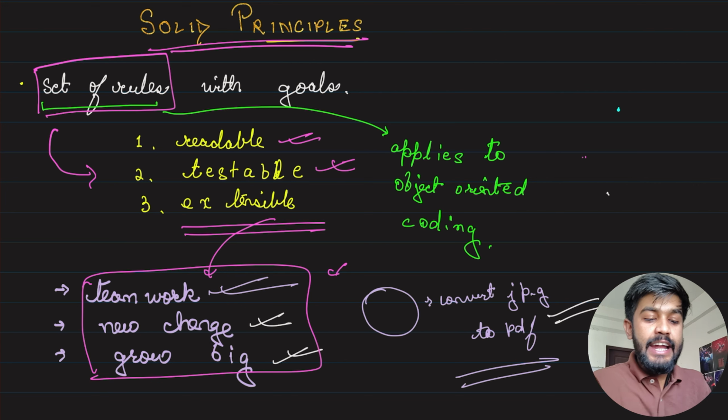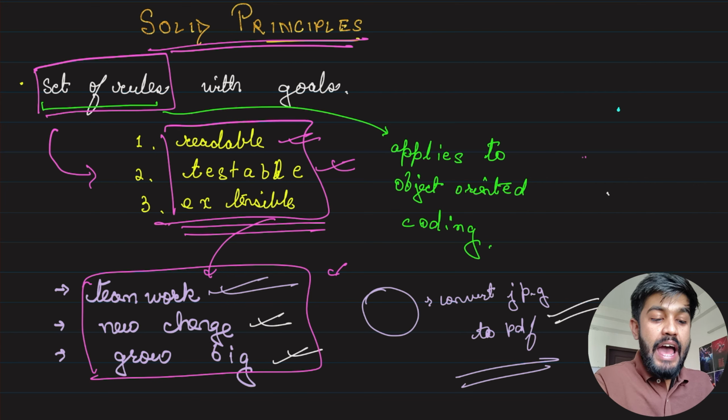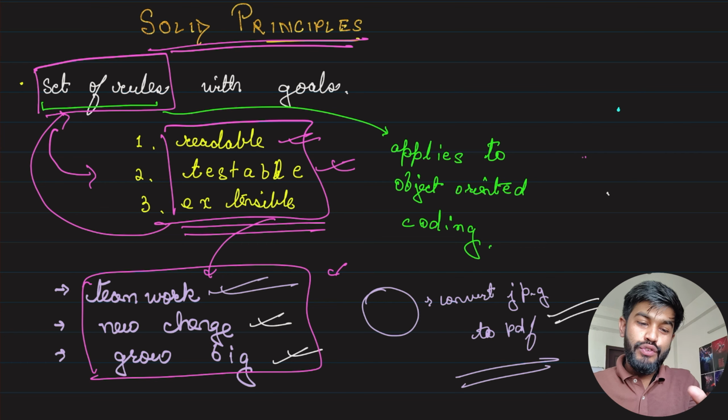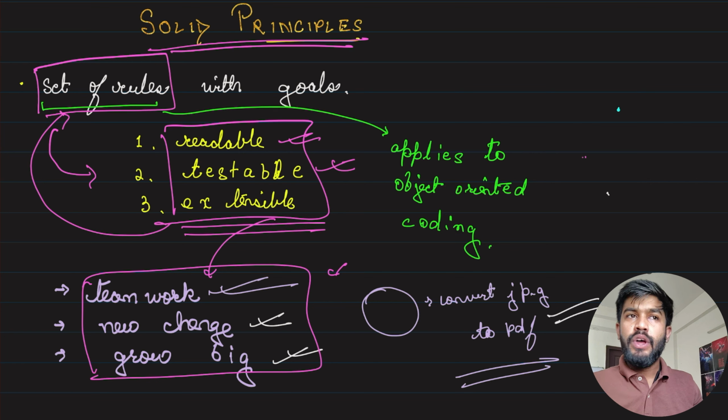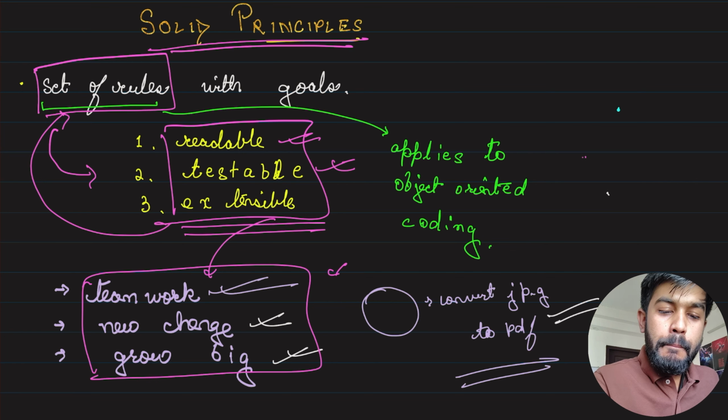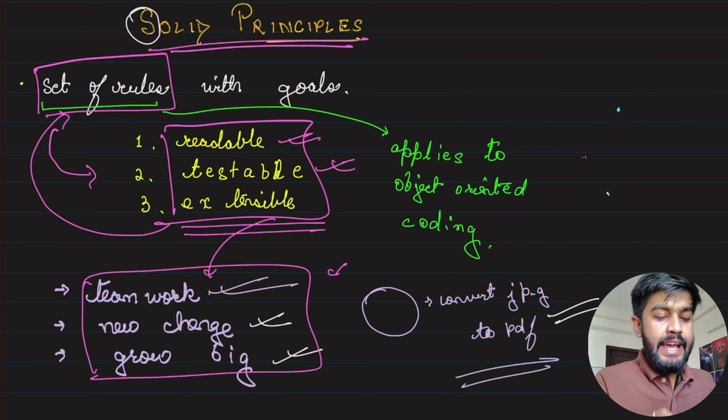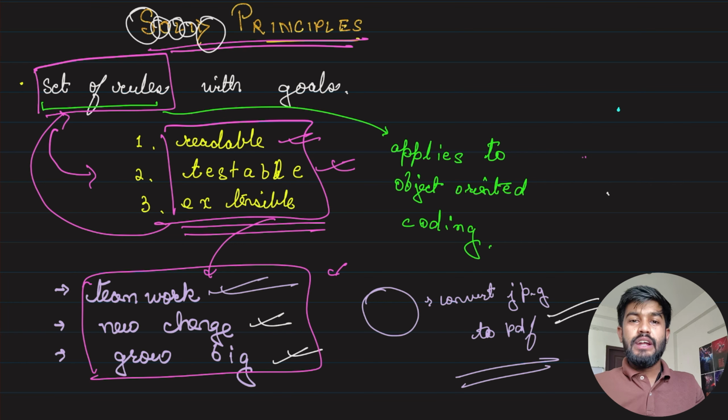To facilitate that, SOLID principles are a set of rules which compel us to meet these requirements by default, and they apply only to object oriented programming. Now SOLID is also an acronym: S stands for something, O stands for something, L stands for something, I stands for something, and D stands for something. Now what is this something? Let us unwind it one by one.